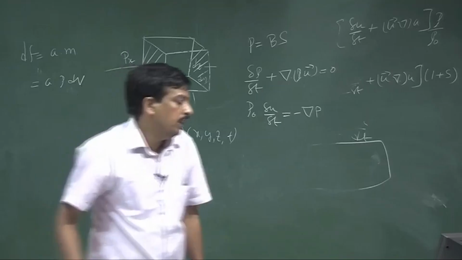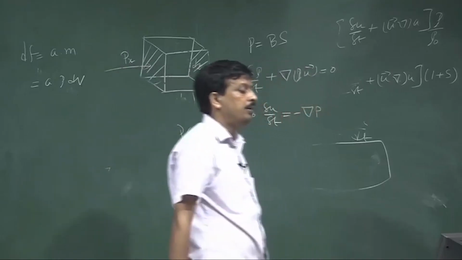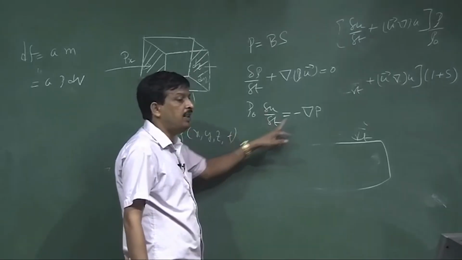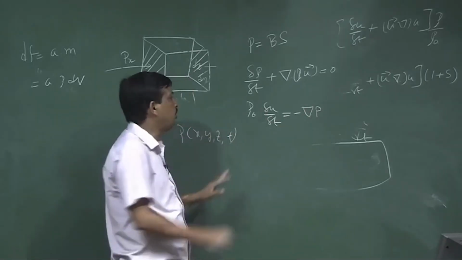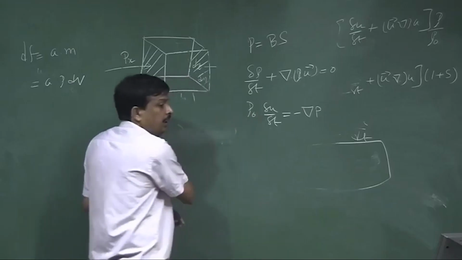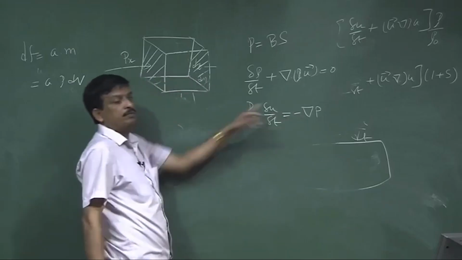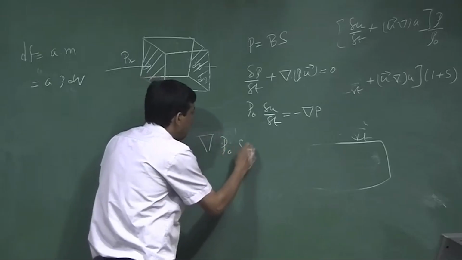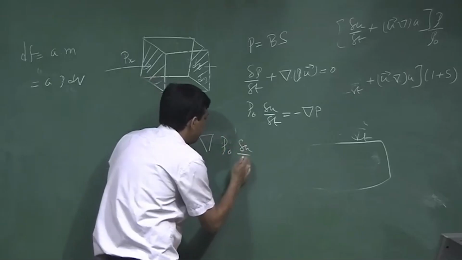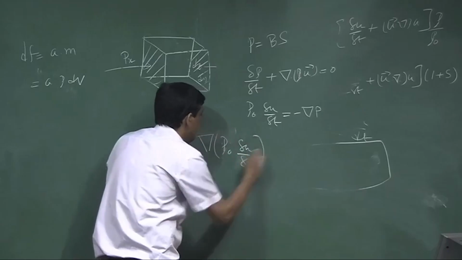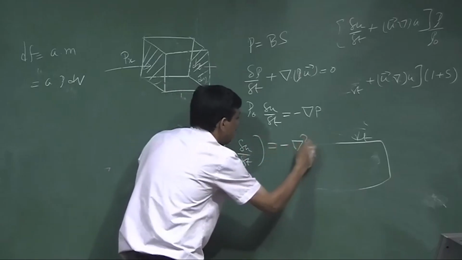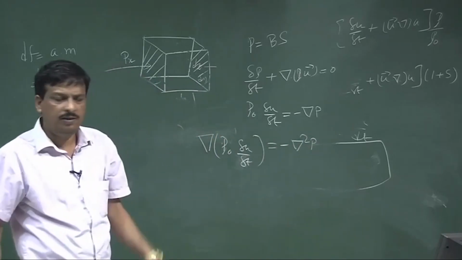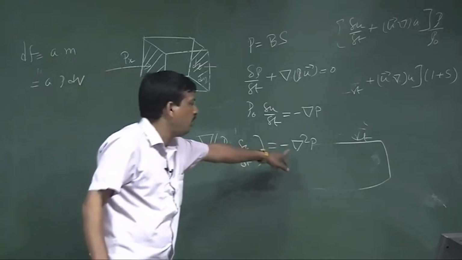Okay. Now, see this equation, rho 0 del u by del t equals minus del p, this equation of force. If I take the divergent on both sides, so I get divergent rho 0 del u by del t is equal to minus del square p. Okay or not? Take the divergent both sides. What is this del square called?